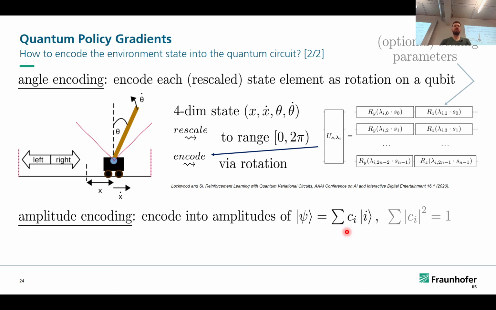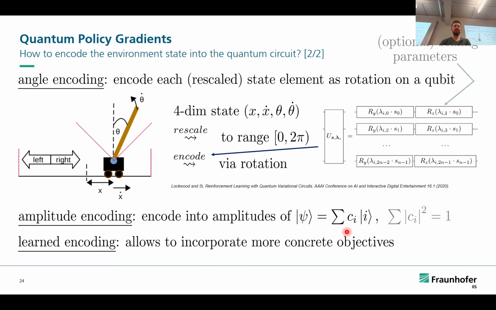And then last but not least, there are also some routines which try to directly learn the encoding. And I think that makes a lot of sense because, I mean, all these three other encodings encode the information into the quantum system, but we don't really know if the quantum state really captures the important information about our state.